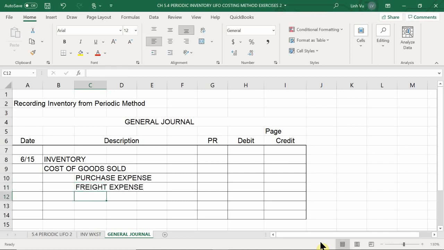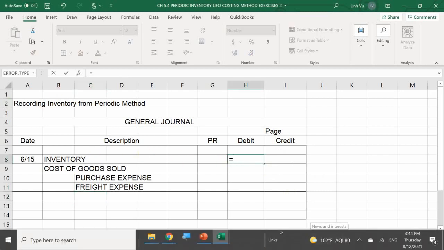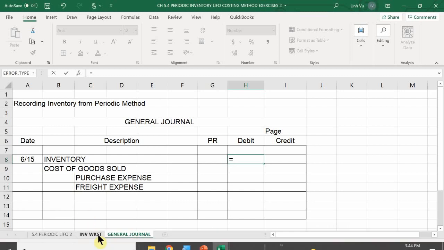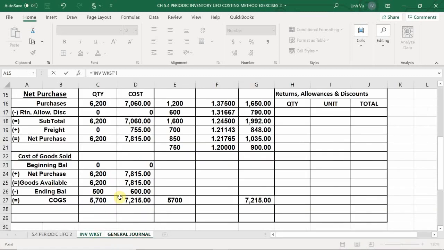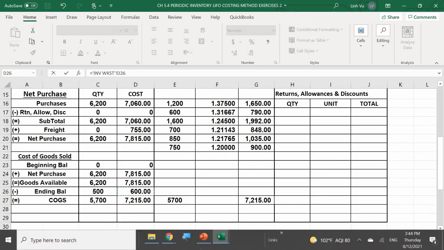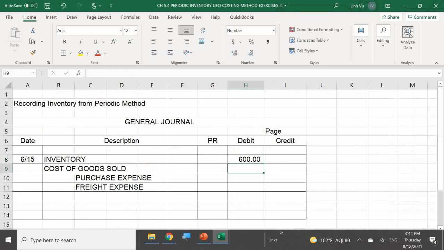So now that I have that right, the next thing I've got to do is plug in all my answers. So what was my total cost in my ending inventory? The 600. The 600.